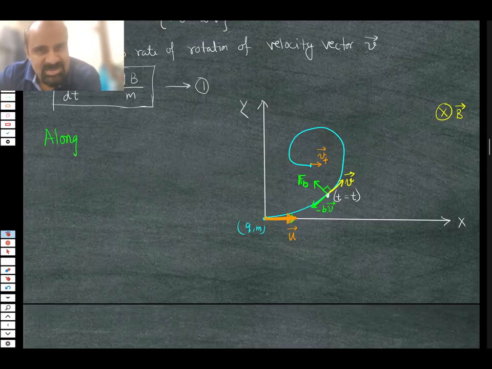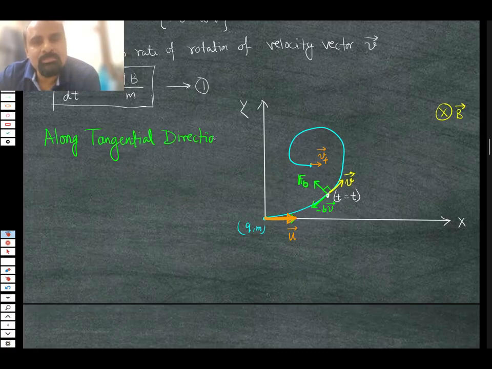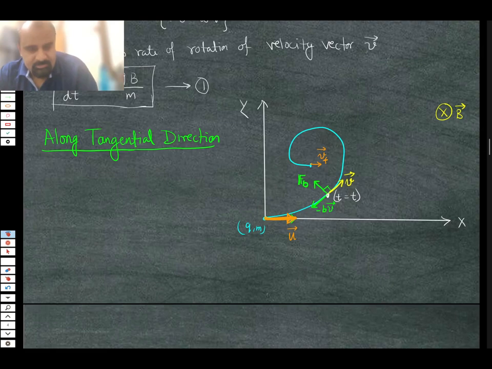Along the tangential direction, let us again use F net equal to ma. This time along the tangential direction, this is the only force.